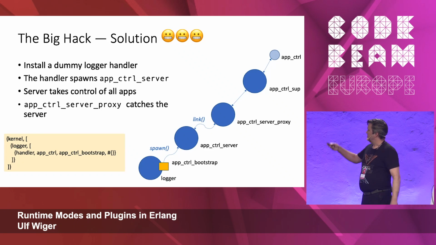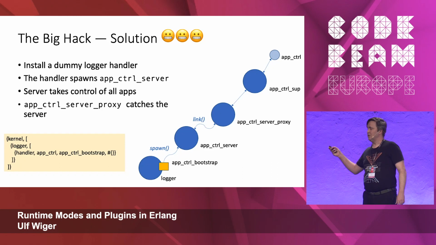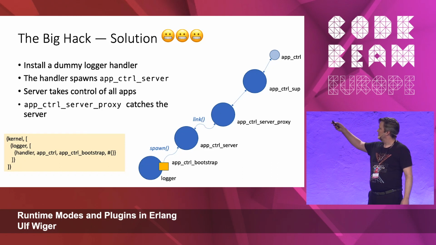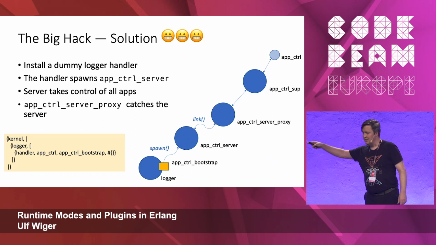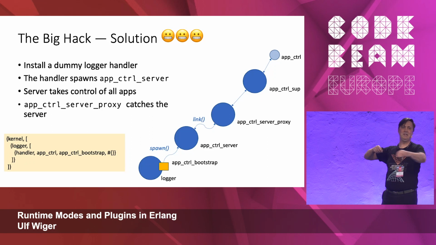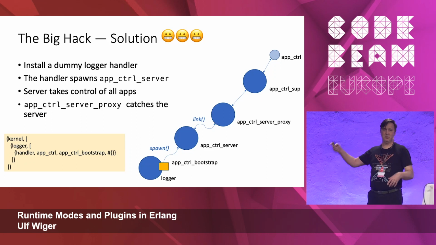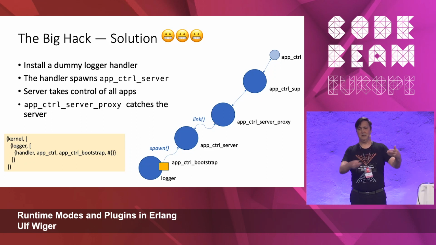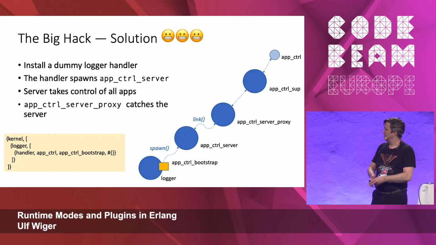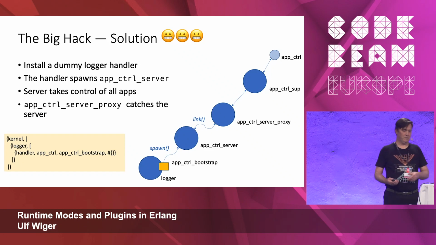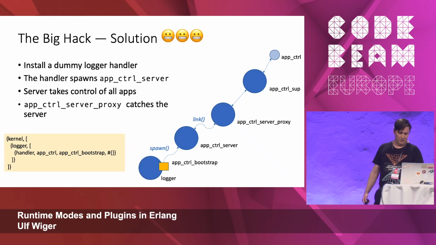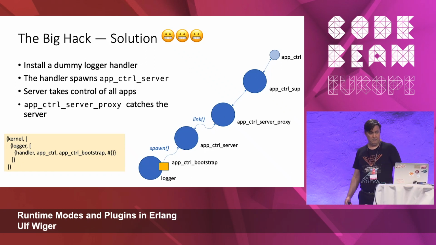Now this is a problem because the app control application hasn't started yet. So when it starts, it starts an application control supervisor, which starts an application control server proxy, which finds the application control server and links to it. So if it dies, the proxy dies, gets restarted, and then it restarts the application control server and updates the dummy logger. Really ugly, but it actually works.